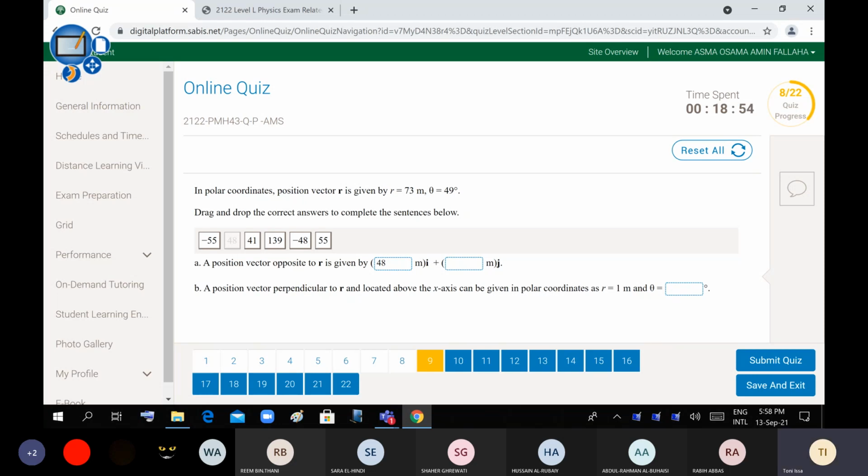Oh, my bad, it's 73 sine 49, it's 55 positive. So this will be here. Now for the second one, as we said, the angle here will be 139.